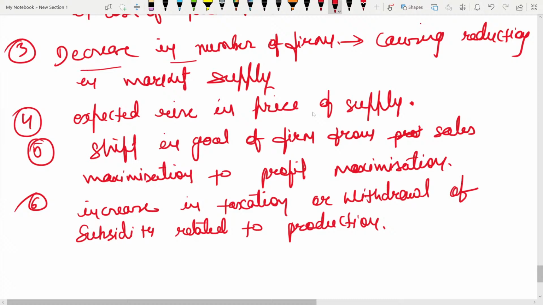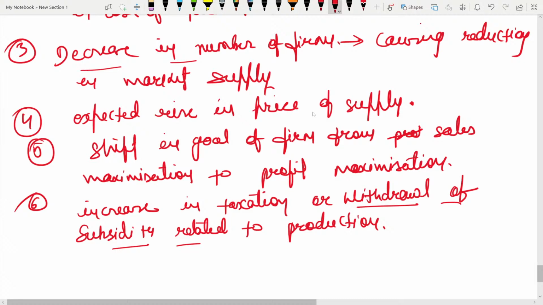This high rate of tax will impact production and increase the cost of production. So due to rise in cost of production, producers decrease supply, and withdrawal of subsidy is also responsible for decrease in supply. So these are the reasons that supply decreases.